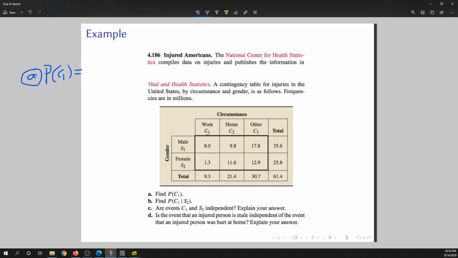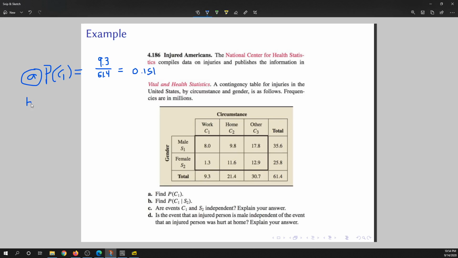C1 would mean that the injury happened at work, so we would look down here at this marginal number, 9.3. Remember, those are in millions, so 9.3 million injuries at work, and then the total number of injuries is 61.4. I went ahead and calculated that out as 0.151 if you divide those two numbers.